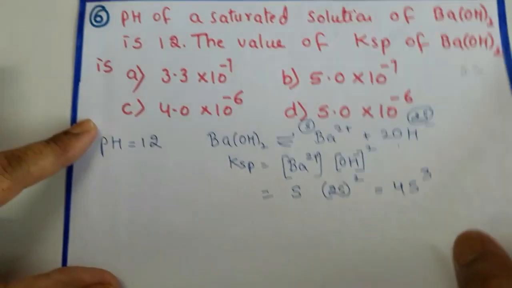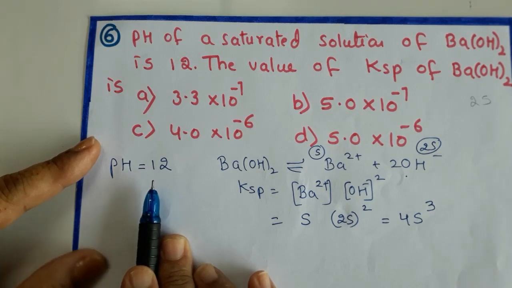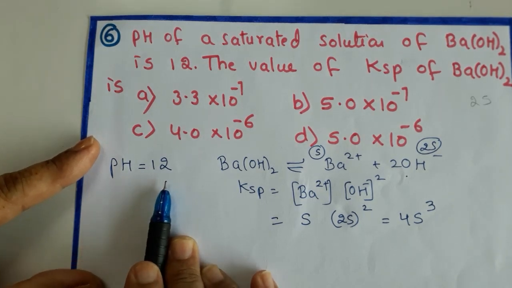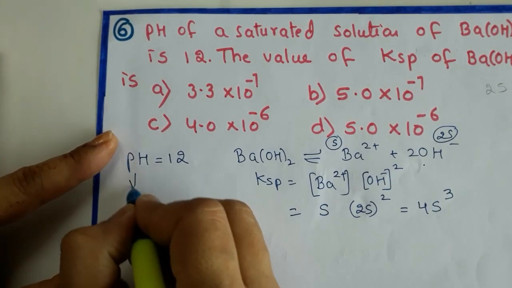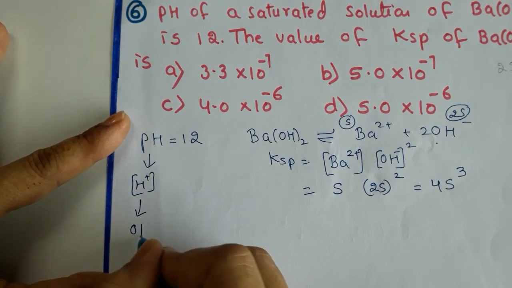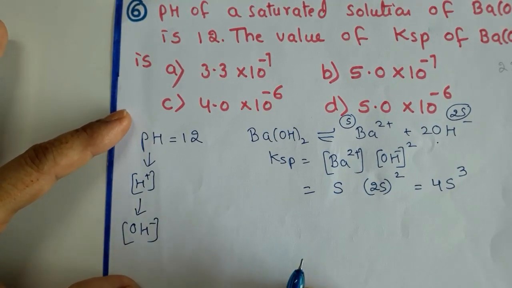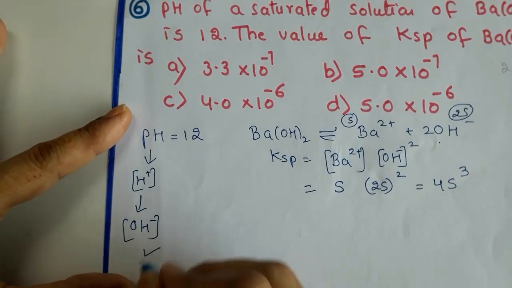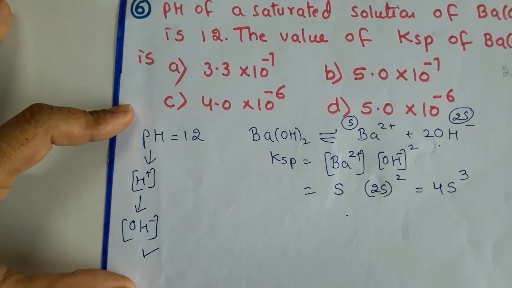Now let us go back to the question. pH they have given, but we should know what is the value of H plus ions. From the H plus ions, we will calculate OH minus ions. Okay. So using OH minus ions concentration we can calculate this. How? Let us understand.